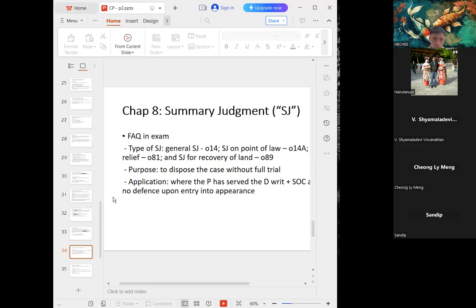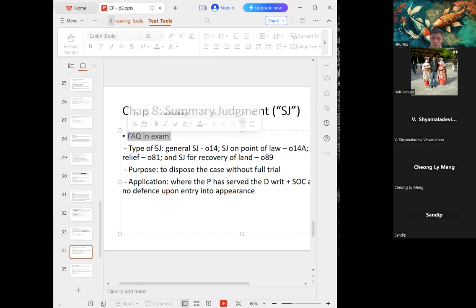Okay, now we come to summary judgment. This one is very frequently asked in exams. Summary judgment is when you want to dispose of the case without going for the full trial, because sometimes the parties want to do so. This is how summary judgment comes in.